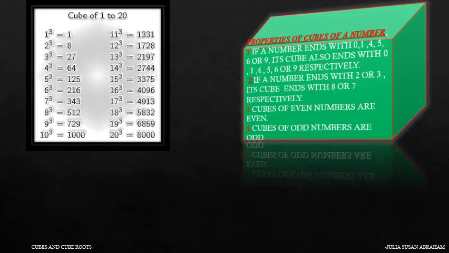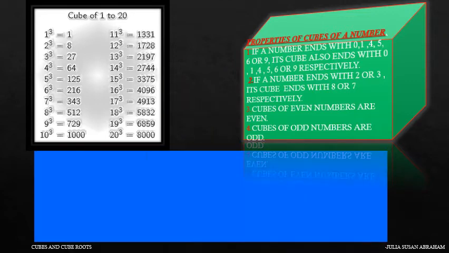Now, how will we check whether the given number is a perfect cube or not? For that, we have to follow the following steps. Step 1. You write the given number as a product of its prime factors.